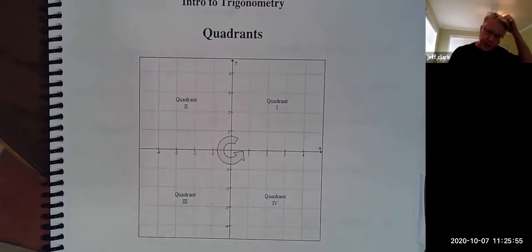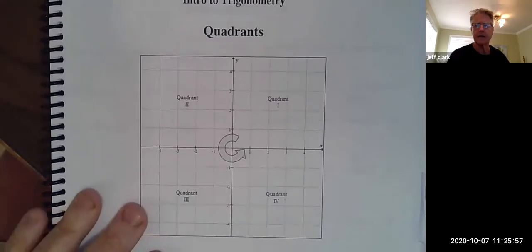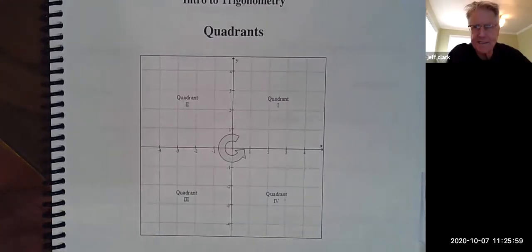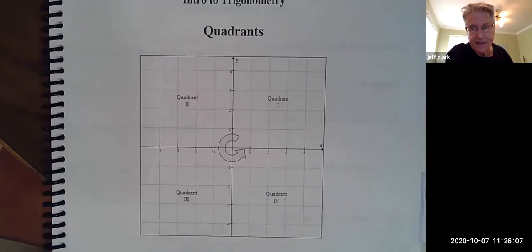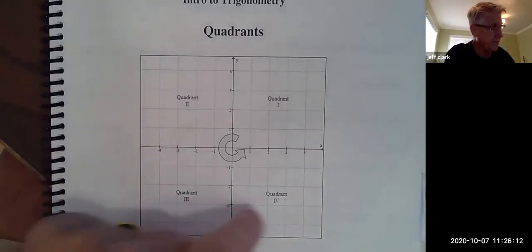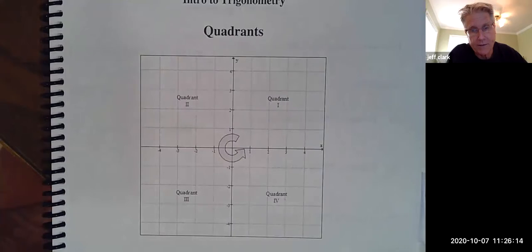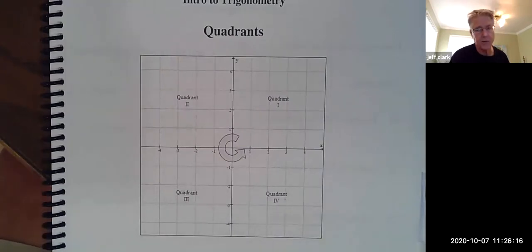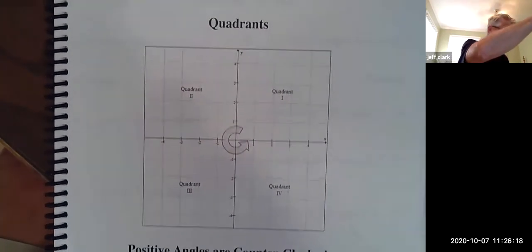All right, so to get started, we're going to take a look at the XY axis where you've got quadrants. And the upper right corner is still quadrant 1, like in algebra or in pre-calculus. Quadrant 2, 3, and 4. So it goes counterclockwise, just like what you would expect.